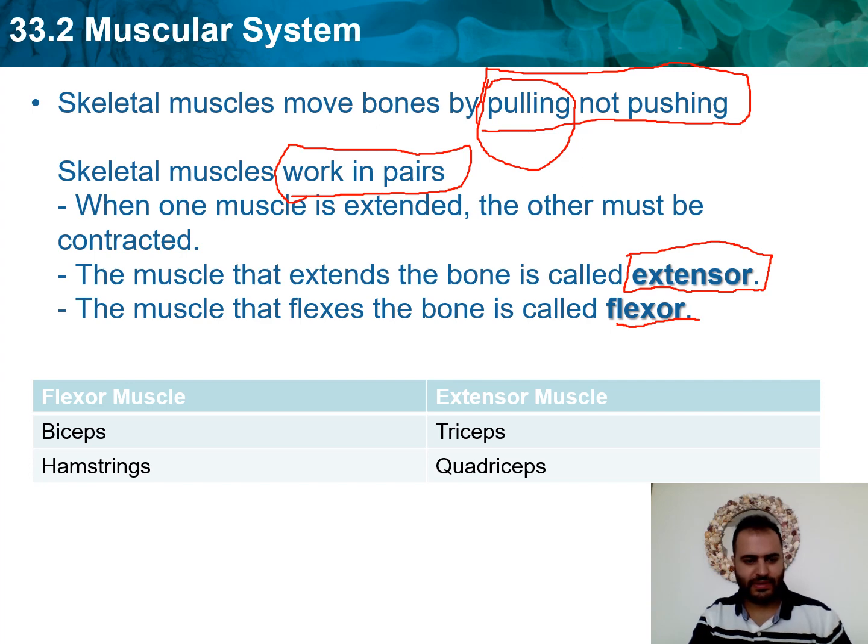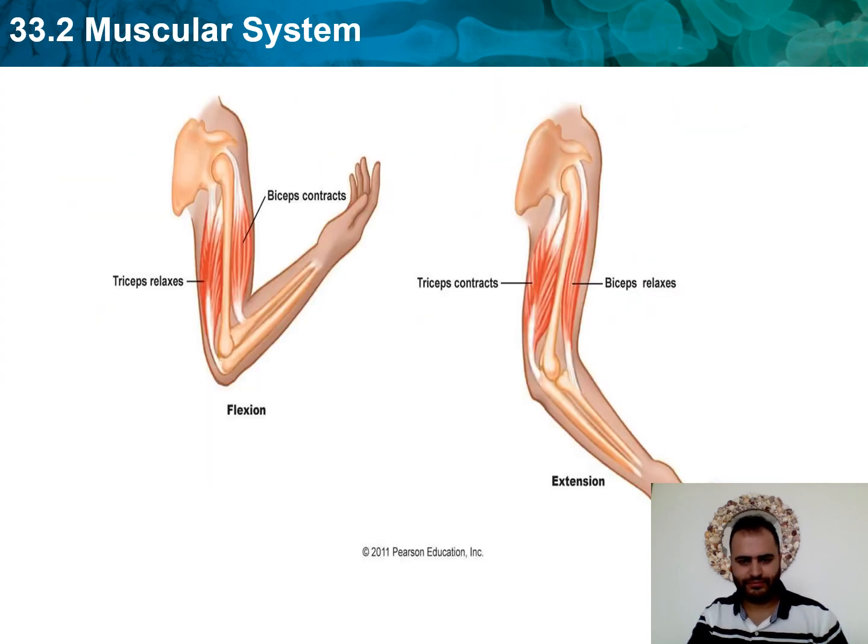You can check these muscles again in the previous slide in order to locate them. So this is the biceps, this is the triceps. The biceps allows the hand to flex, to come this side, and the triceps allows the hand to move this side.